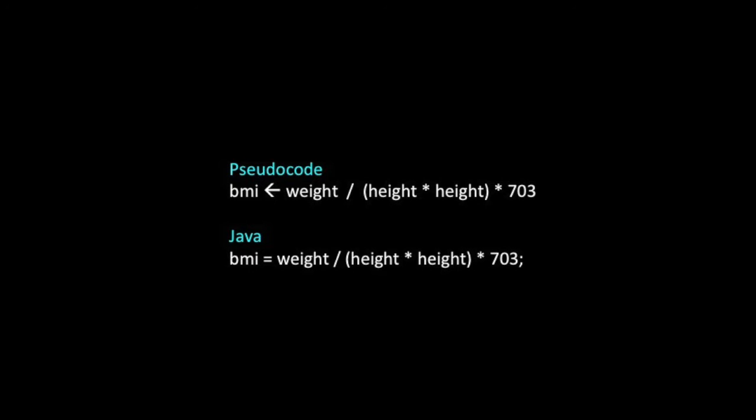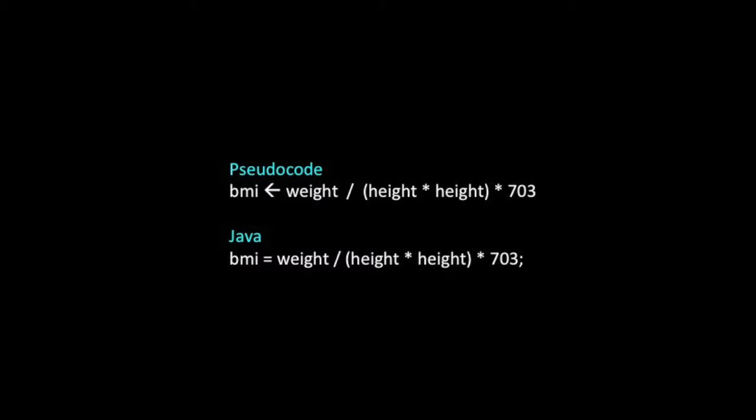And the next line is a statement in Java that uses the equal sign as the assignment operator, uses the slash and the asterisk as operators, and the parentheses are used to show the priority of executing the operators. And the statement is terminated with a semicolon.